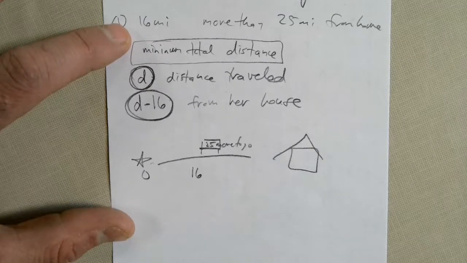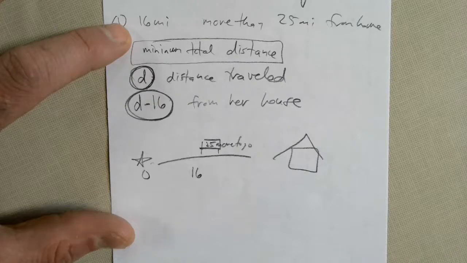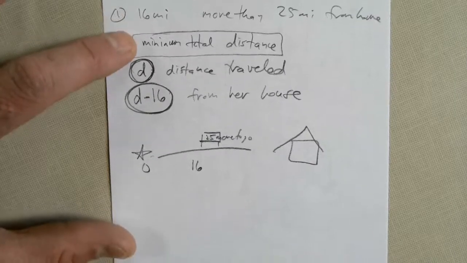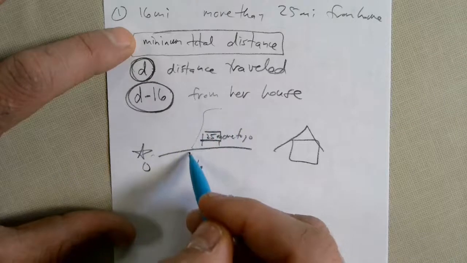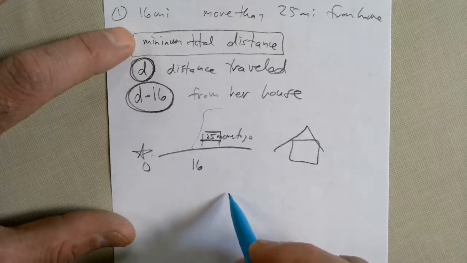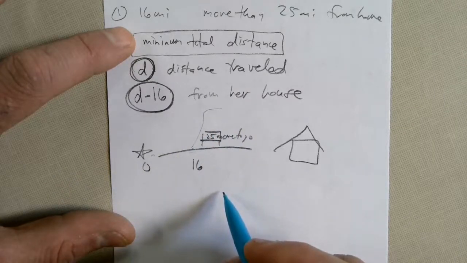Okay, so how far will she have gone when she gets home? Well, let's see. It's the minimum distance. She could go more. She could veer off and get a Starbucks or get a hamburger or whatever. So the question is, what's the minimum distance?